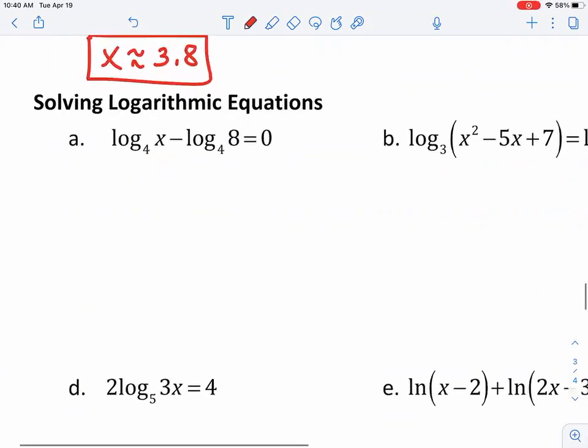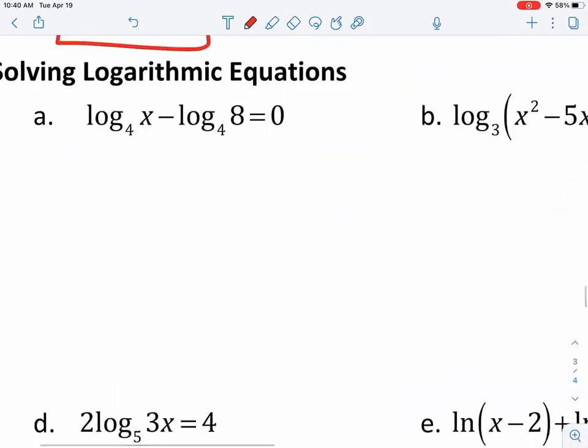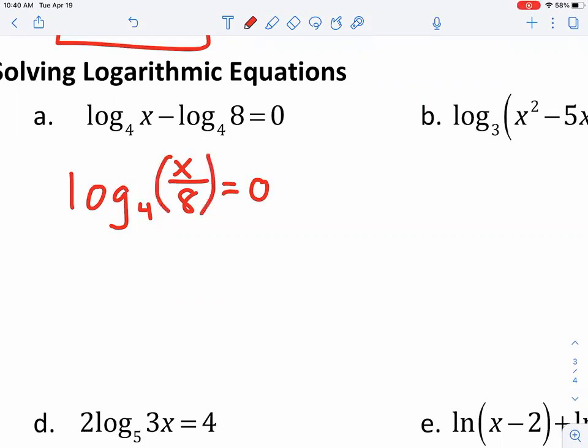So remember, to condense them, my subtraction is going to become division. I could write the left side as log base 4 of x over 8 equals 0. Parentheses aren't necessary. I just put them there to maybe help you guys. So that's my first step, is I condensed that log.